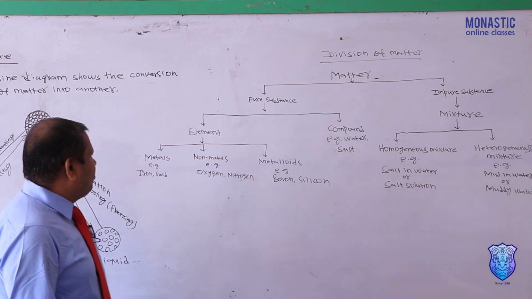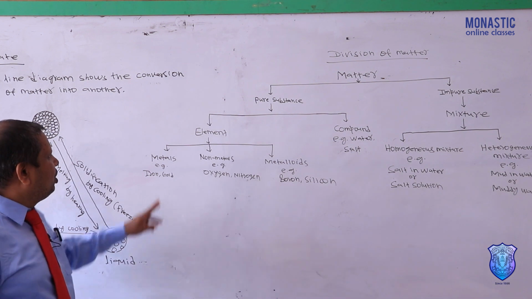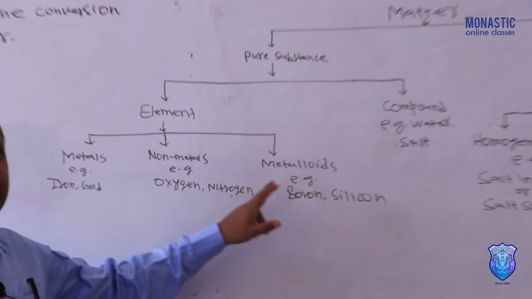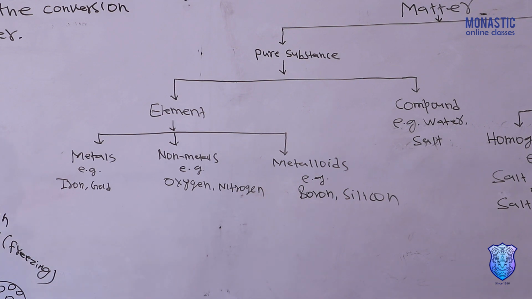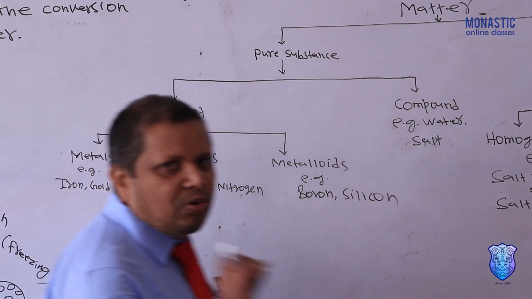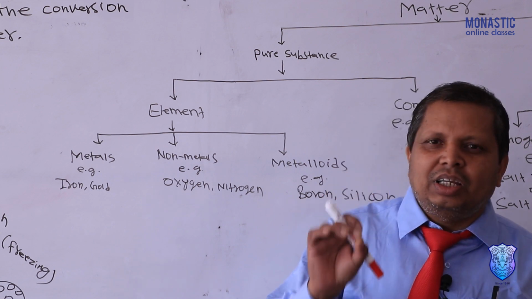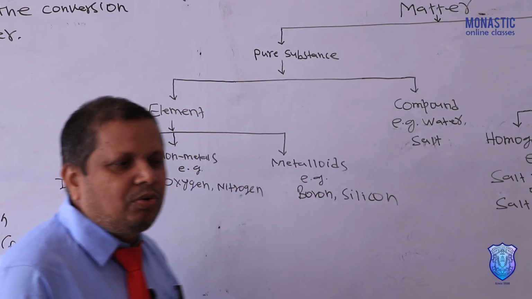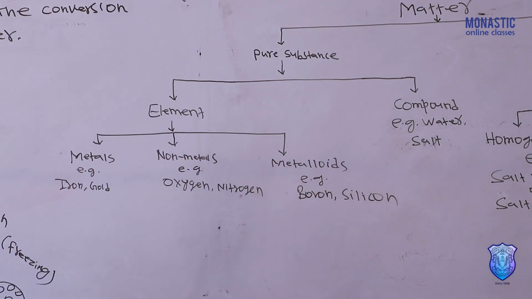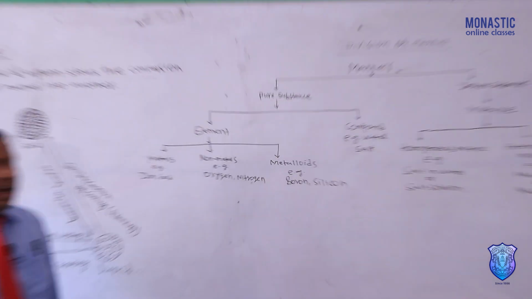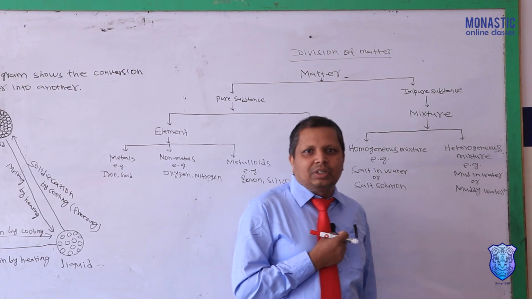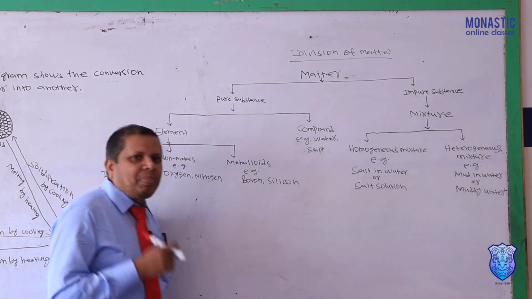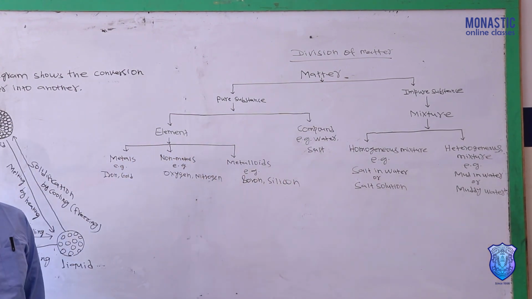And pure substances include elements. Elements are further classified into metals, non-metals and metalloids. First of all, what is an element? An element is a pure substance which cannot be split into two or more simpler substances. Elements are made up of only one kind of molecule. For example, iron is an element. Why?